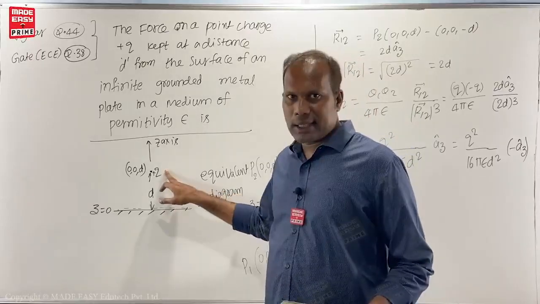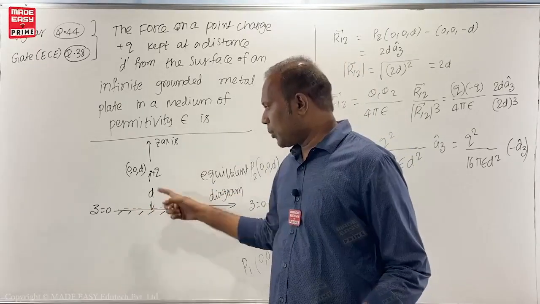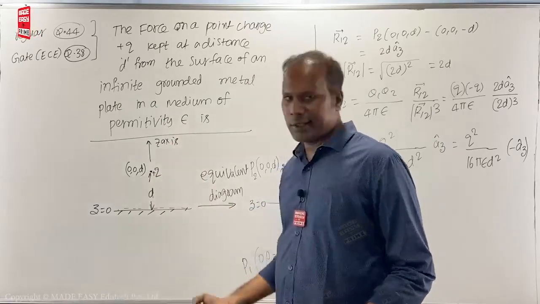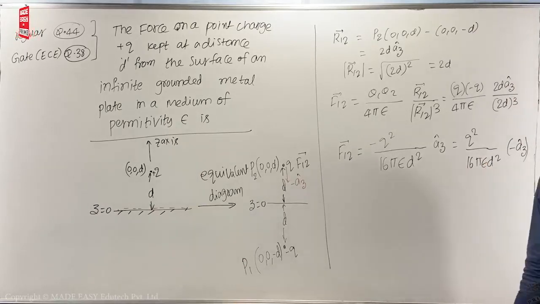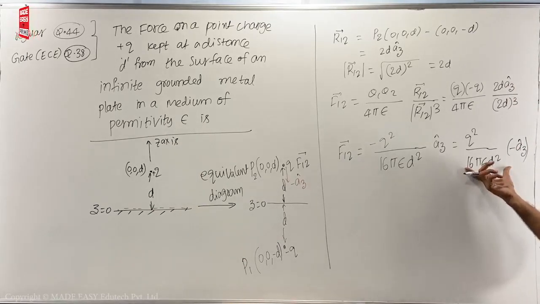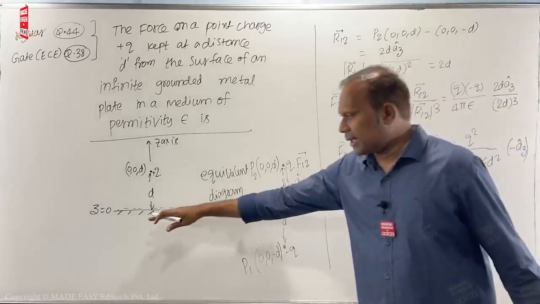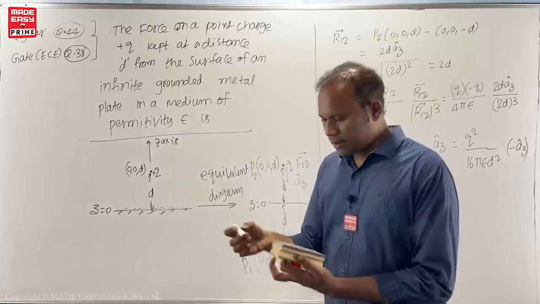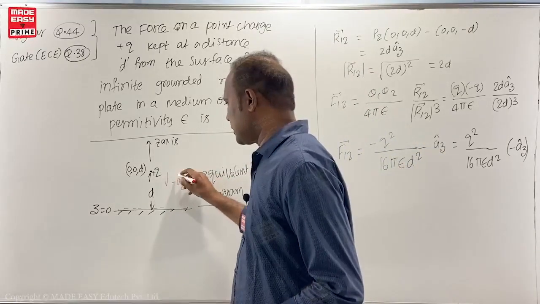The concept also says the same thing. Here positive charge is there, and this negative charge is induced. This negative charge pulls that positive charge downside. So in answers, like this mathematical equation is not given. Statement form is given. So this is the magnitude of the force, and the direction is downwards, towards the conductor plate. So minus az means it is downwards.